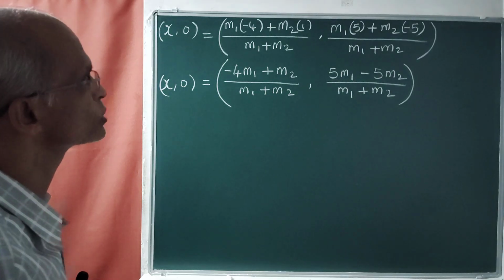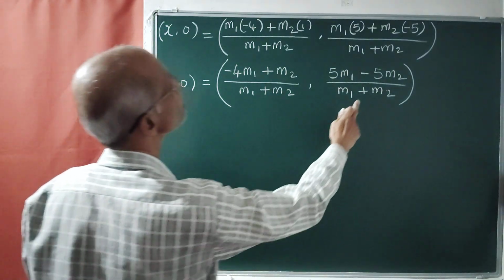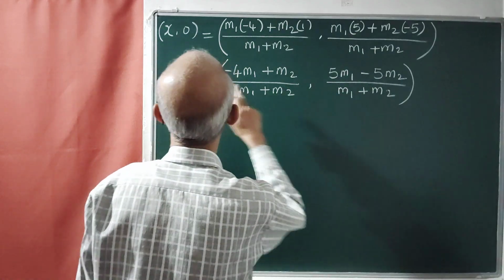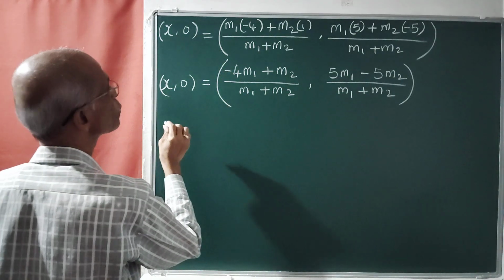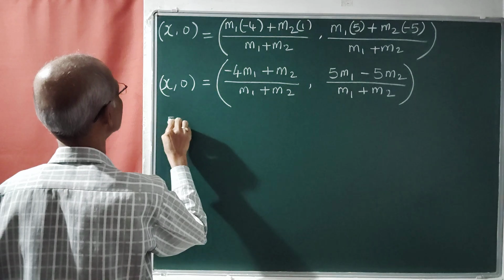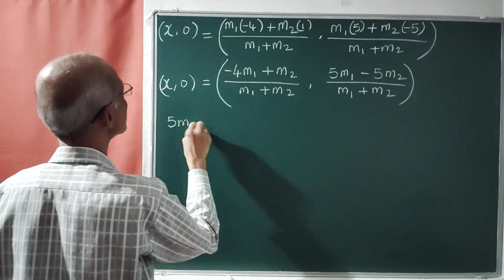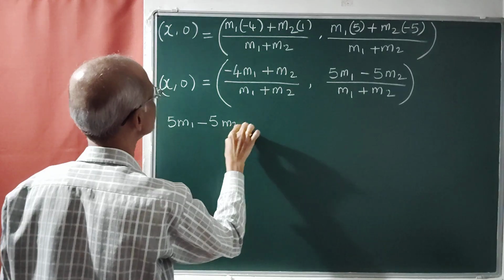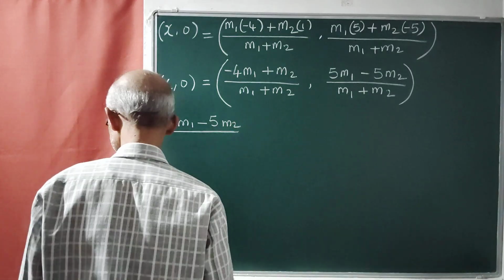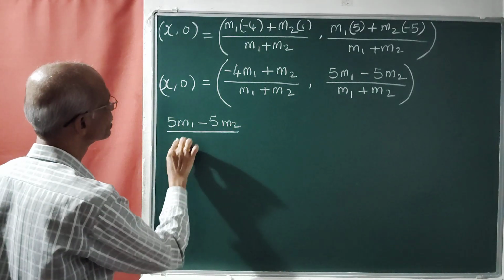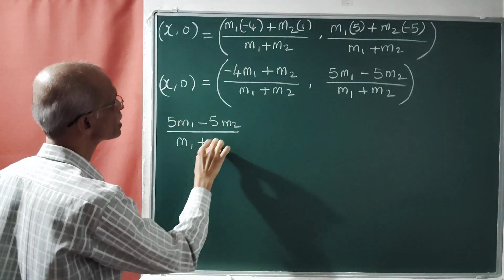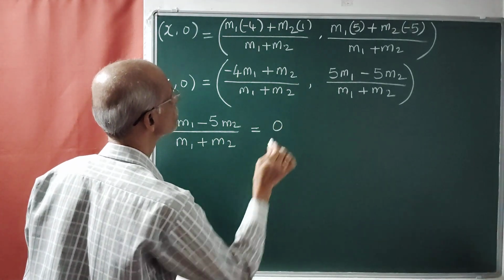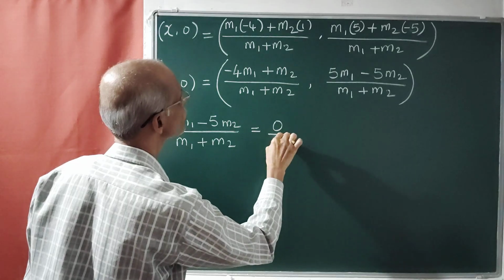Now to find the ratio, we will equate y to 0. So 5m1 minus 5m2 divided by m1 plus m2 is equal to 0. We will put 1 also under that.